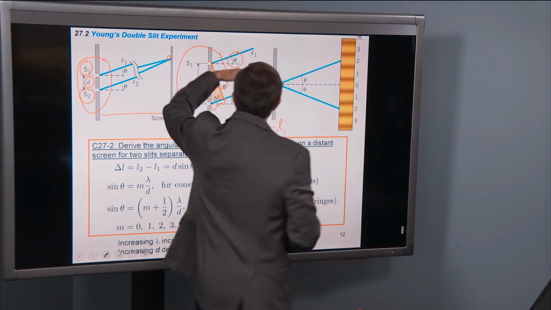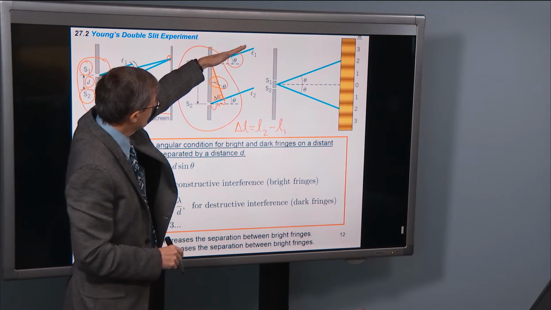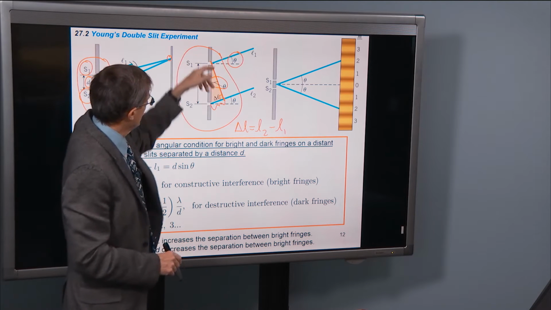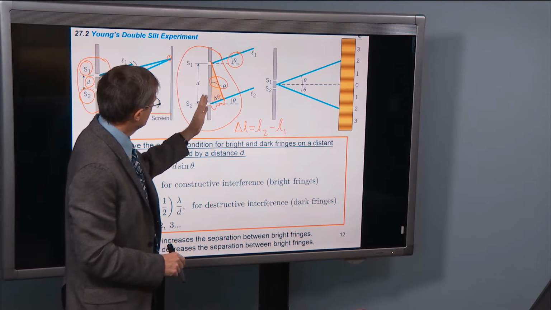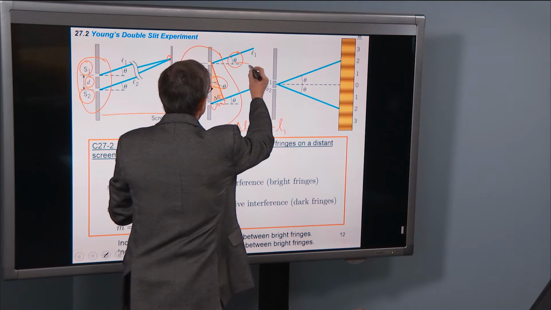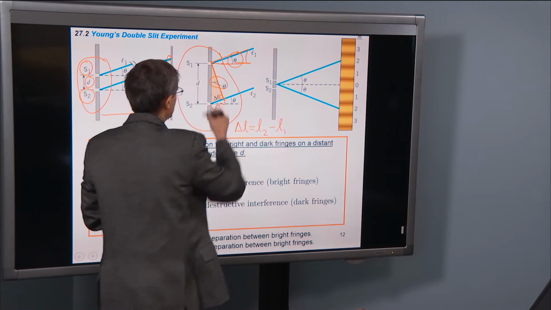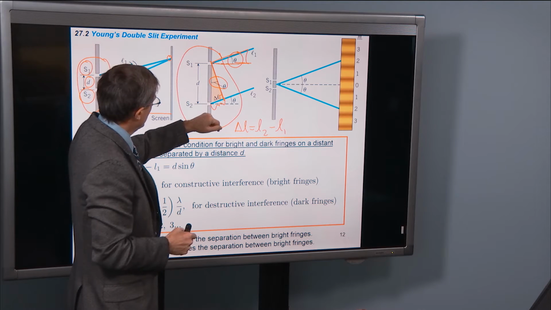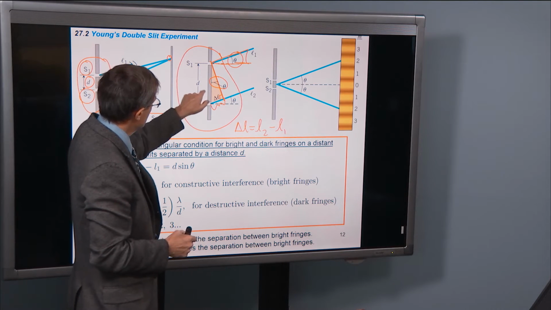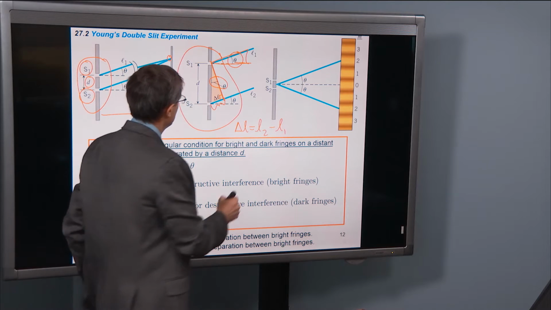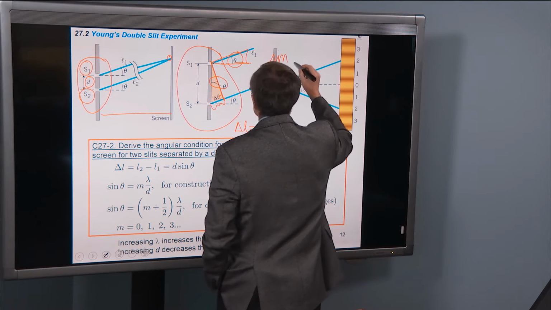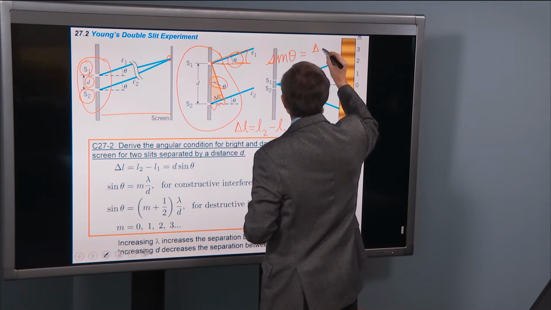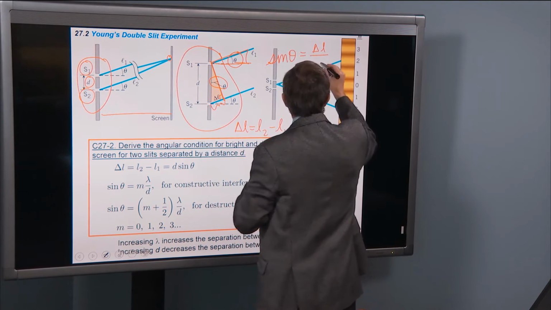So that angle theta measures the angle of that line from the first path, from S1 to the screen, and also by similar triangles, this triangle here is similar to this one here, then that angle must also be theta here. And the sine of the angle theta is the side opposite divided by the hypotenuse. So sine of theta is the side opposite, which is delta L, divided by the hypotenuse, which is D.